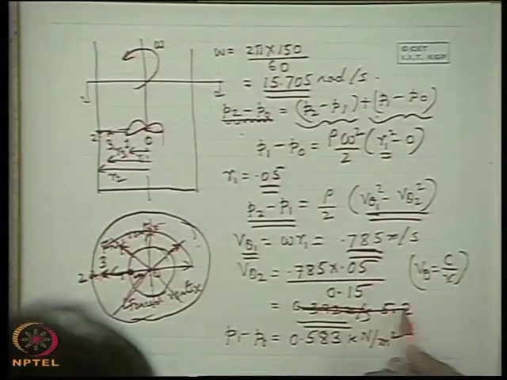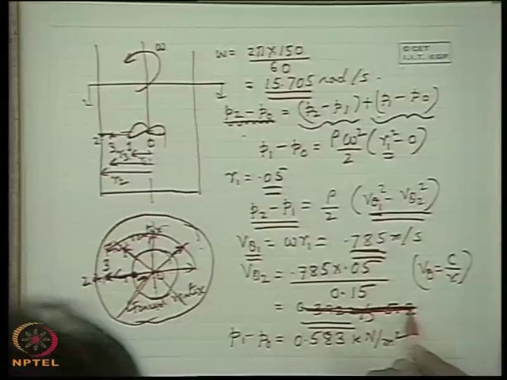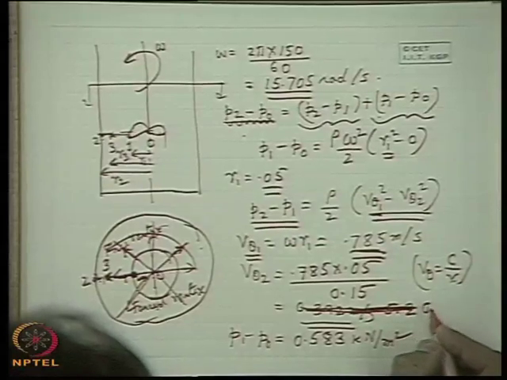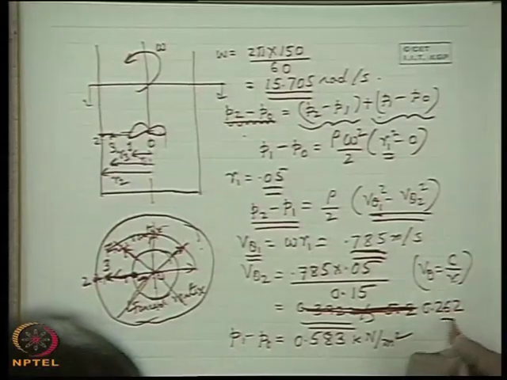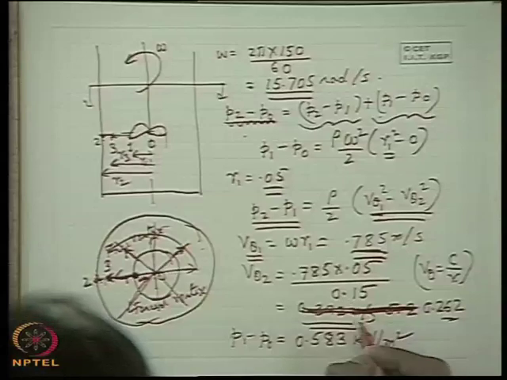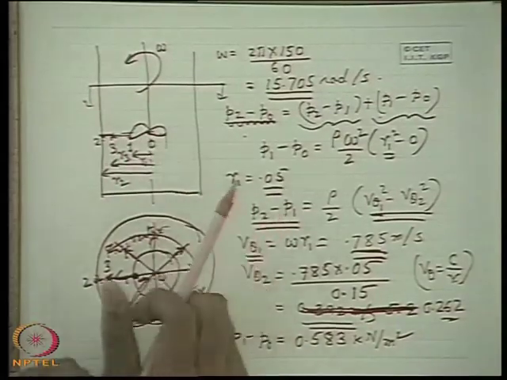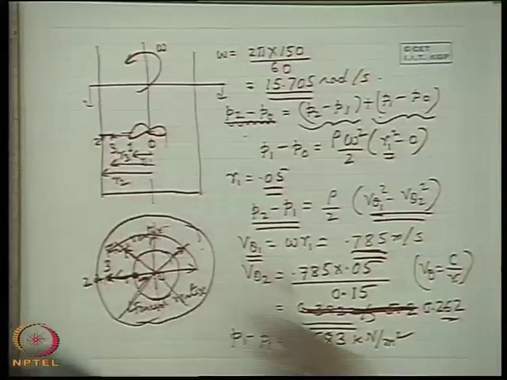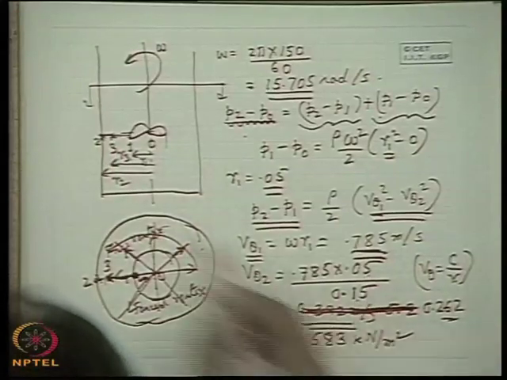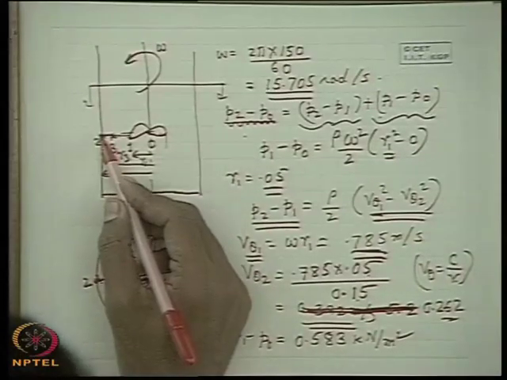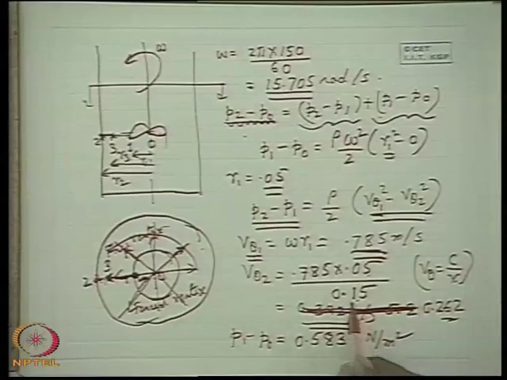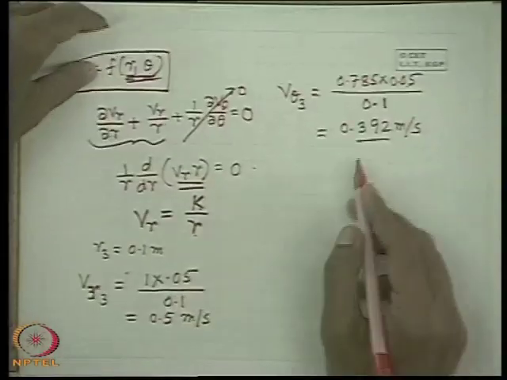I am very sorry. What will be this value? It will be wrong to calculate it with 0.5. Here the radius is 0.15, since the diameter is 300 millimeter, so the radius is 0.15. That is why this is 0.392.